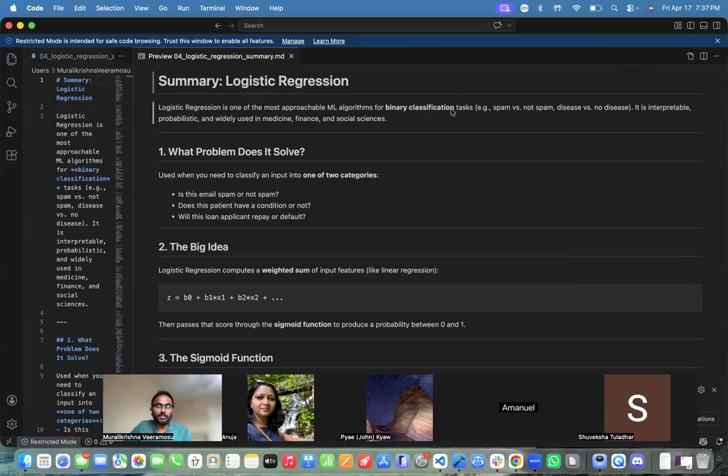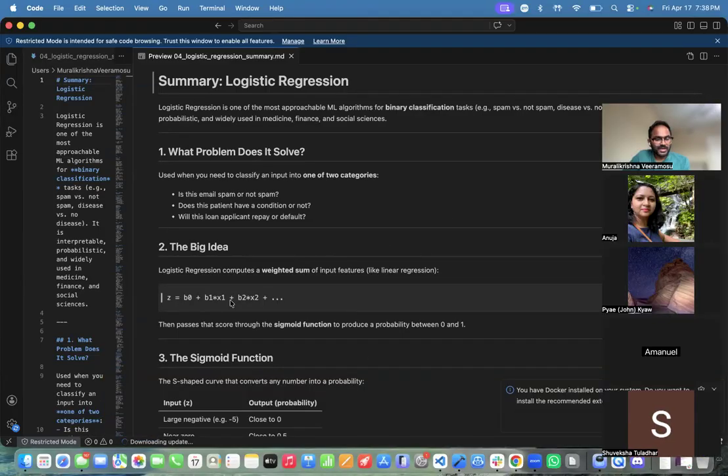If you remember, in lesson 1 we discussed binary classification, where if you have an email, you need to predict whether the email is spam or not, or whether it's COVID positive or not. For these kinds of binary classifications, we use logistic regression to solve the problem.